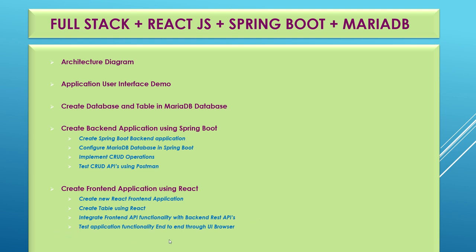Finally we are going to test our application's functionality end-to-end through the UI in the browser, verify the request and response data, render the data in the browser and verify the data on the database side as well. So this is about the steps which we are going to follow in sequence.